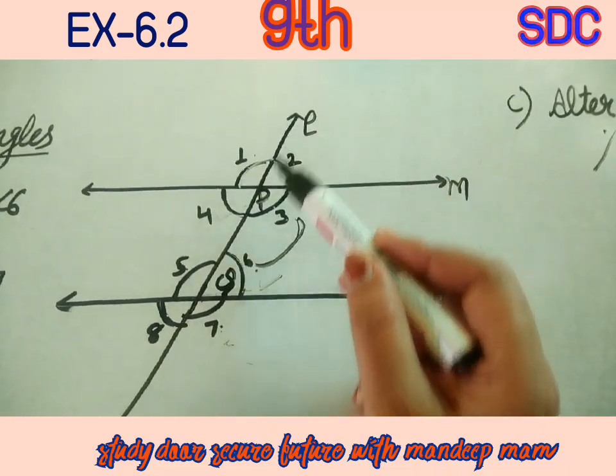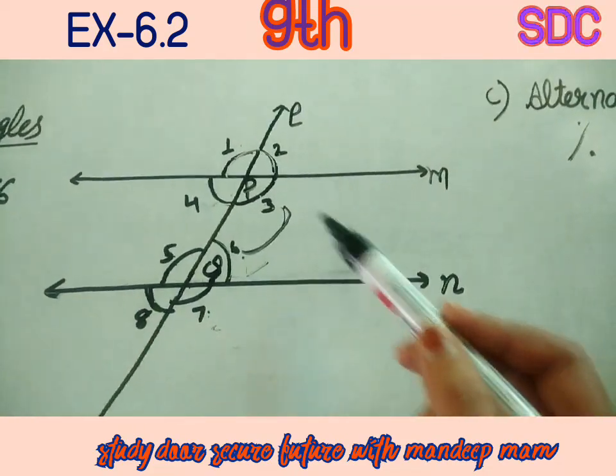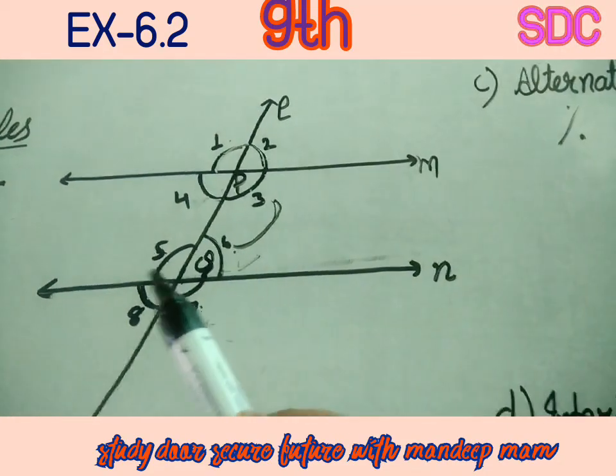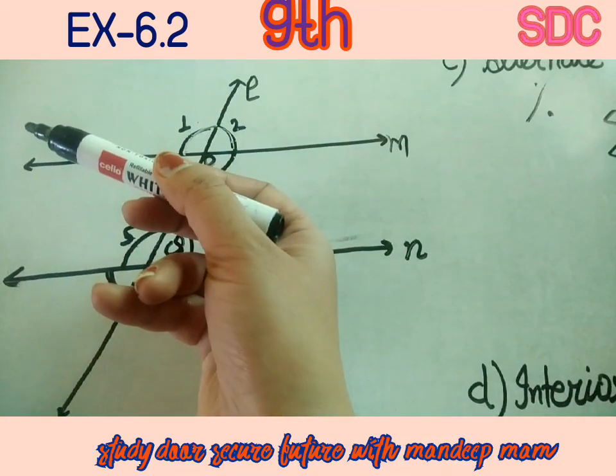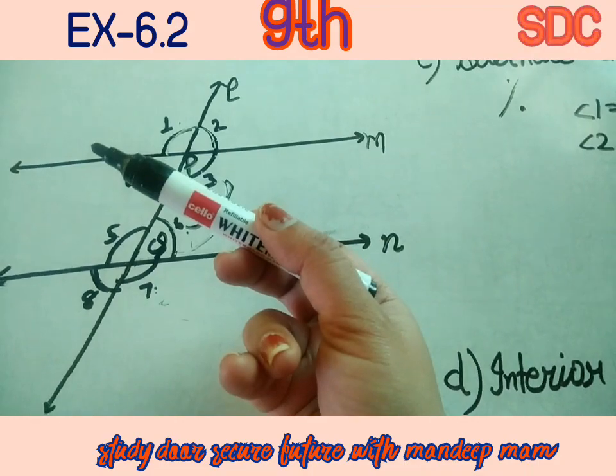So we can say that if a transversal line intersects two parallel lines, then each pair of corresponding angles will be equal. Either they are corresponding angles or alternate angles.